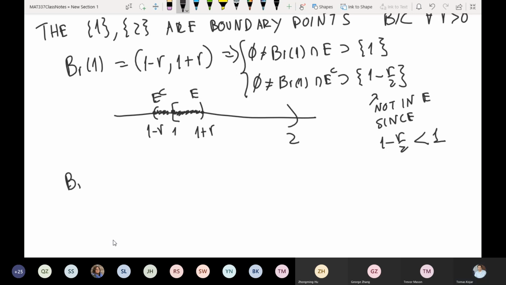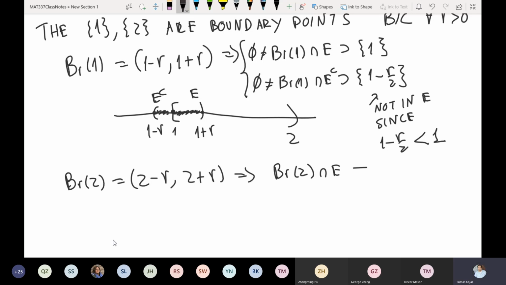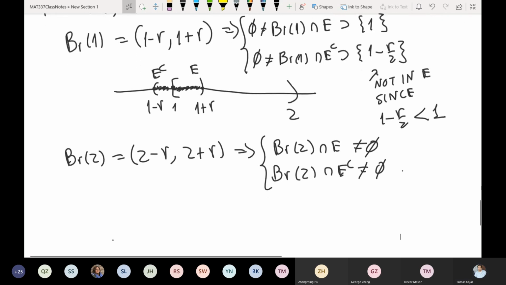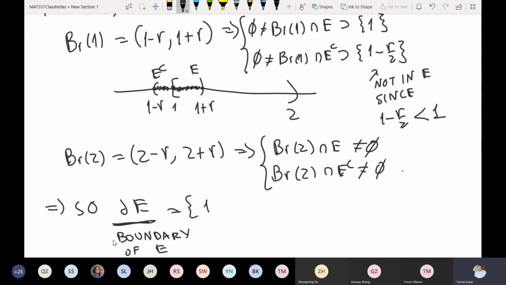So B_R(2) is (2 minus R, 2 plus R), and for the same reason, it intersects E, and it intersects the complement. So the boundary of E is the set {1, 2}.